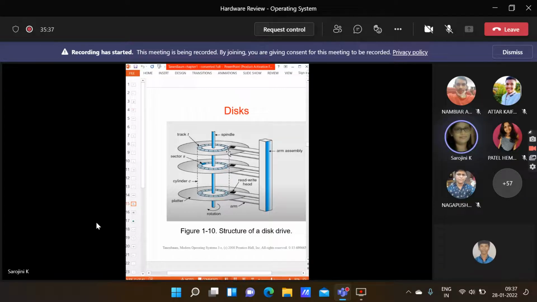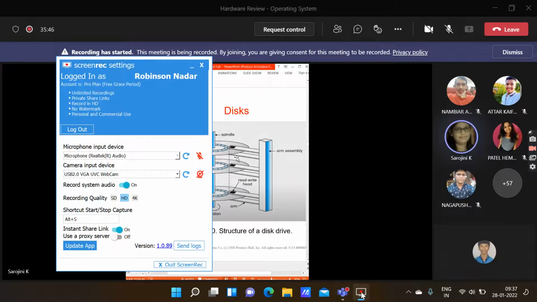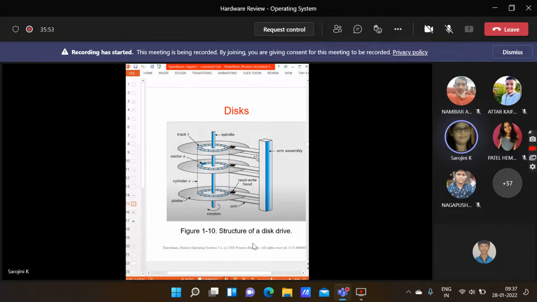But how will the disk move? The disk will not move back and forth. The disk will rotate, left and right. So through rotating, you can point to the sector. Through moving the read write head back and forth, you can point to the track. This is track 1. If you want to go to the next track, you have to move this a little behind.